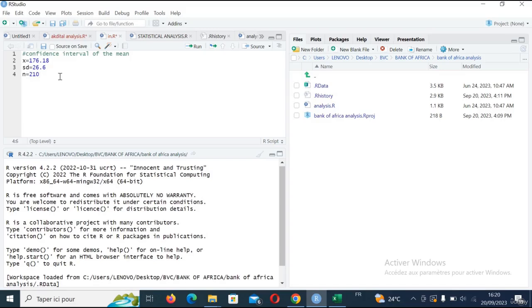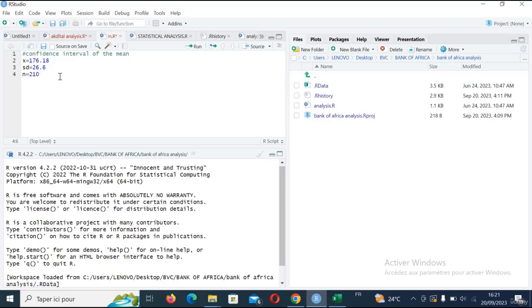Now what we're going to do is calculate the margin of error. To know the confidence interval, we have a formula to calculate the extreme inferior value of the interval and the extreme superior value of the interval.